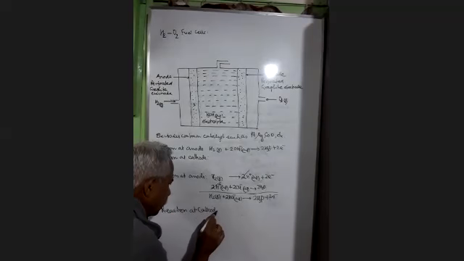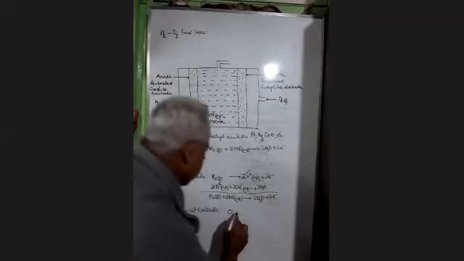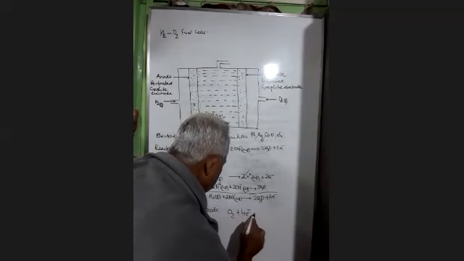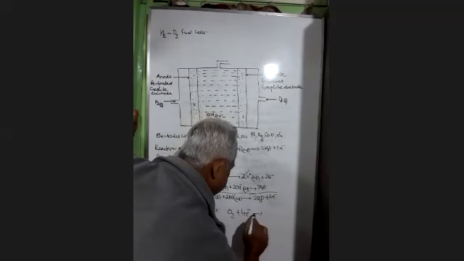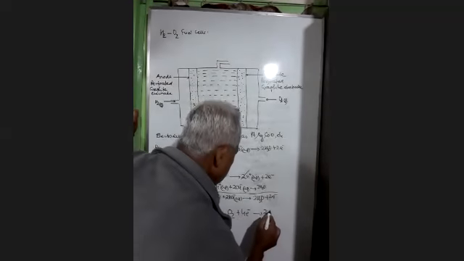Reaction at what you have here? O2. So O2 will take what? 4 electron to get itself converted into 2 O2 minus.